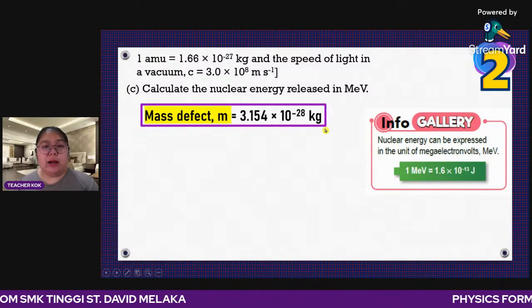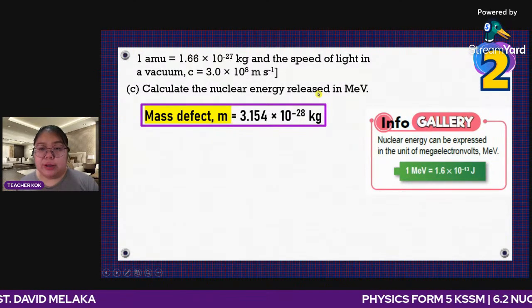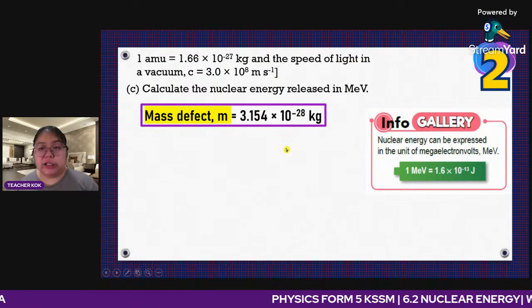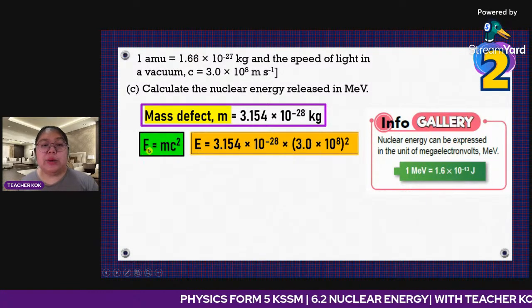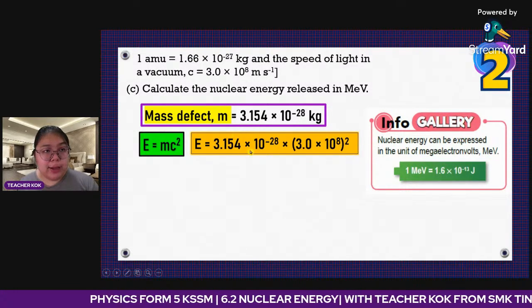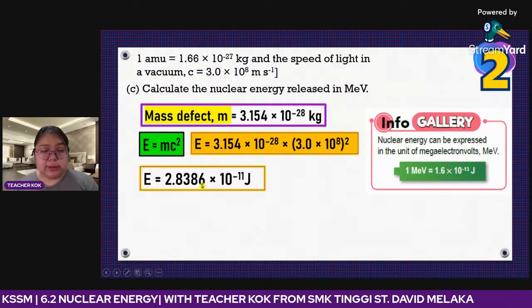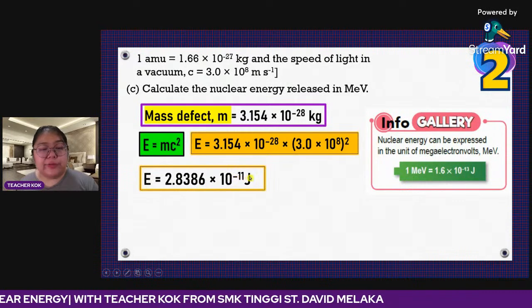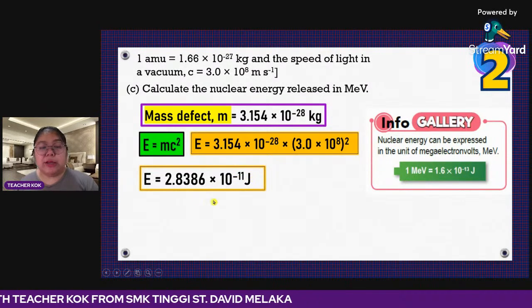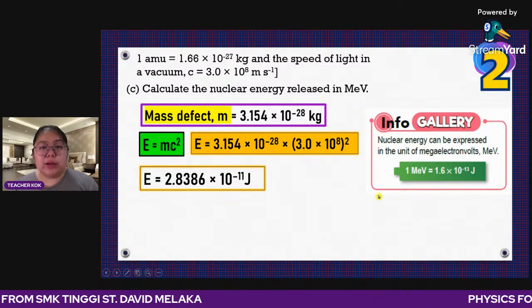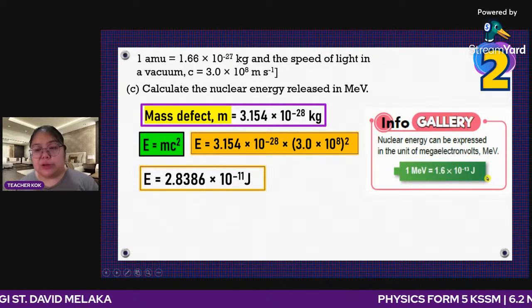So from here, I take the mass defect from just now and find the energy first. E equals mc squared, I multiply, and I get 2.8386 times 10 to the power of negative 11 joule. But this is not the answer because I want the unit in mega electron volt.